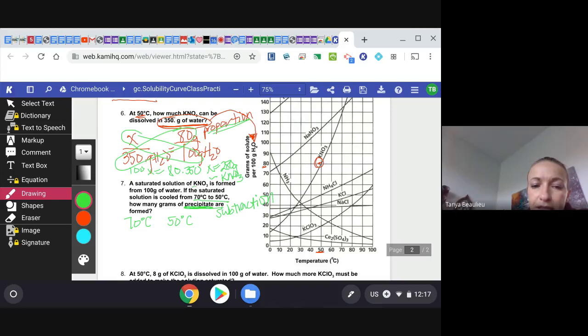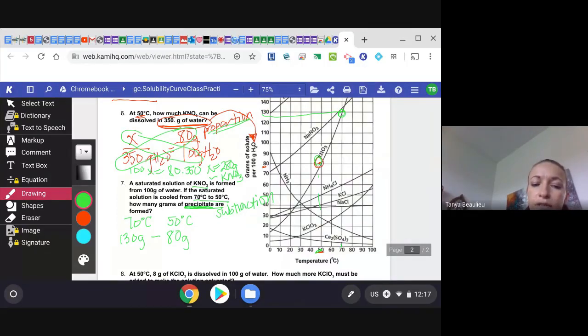Our substance again is KNO3, potassium nitrate. So at 70 Celsius, KNO3 intersects right there, which is about 130 grams. At 50 Celsius, we saw this in the previous problem, it connects with a line at 80 grams.